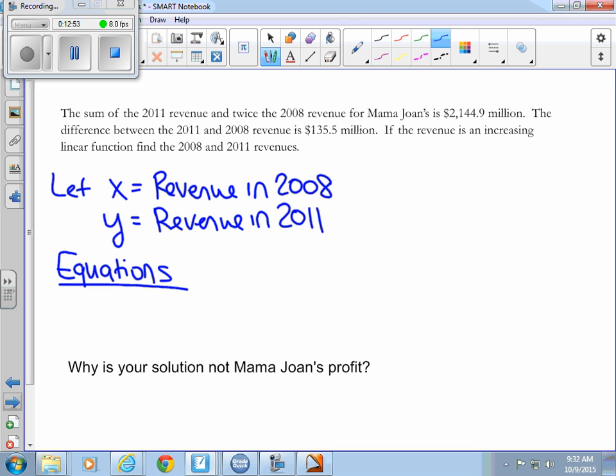The sum of the 2011 revenue and twice the 2008 revenue is 2,144.9 million. Right? Everyone agree? That sounds to me like an equation.